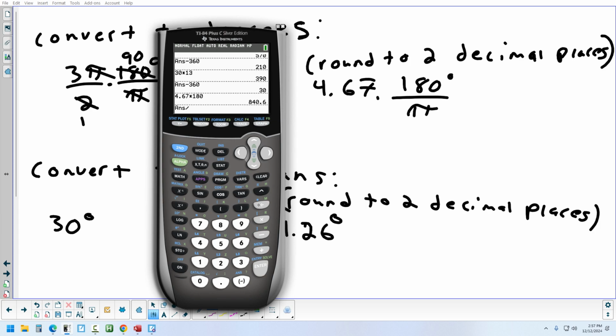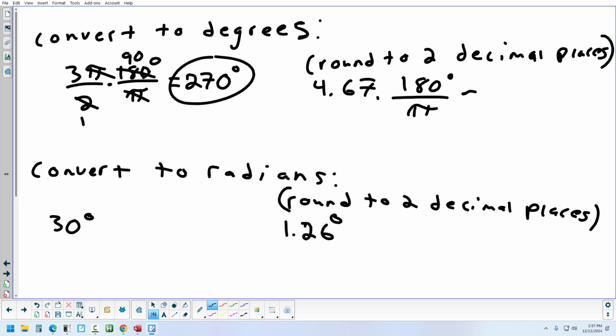And how am I going to do the division part? I'm going to divide by what? Pi. And how am I going to type that in? When you do second and then the up arrow. Yeah, we're going to do second because we don't want to use 3.14. That's more accurate. So that's 267.57 degrees.